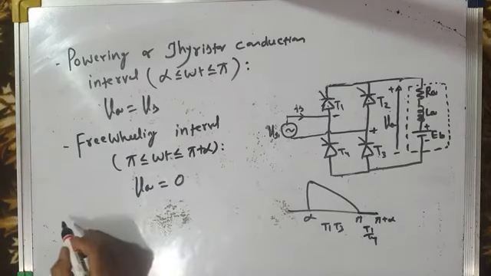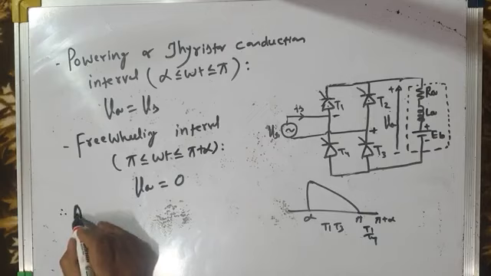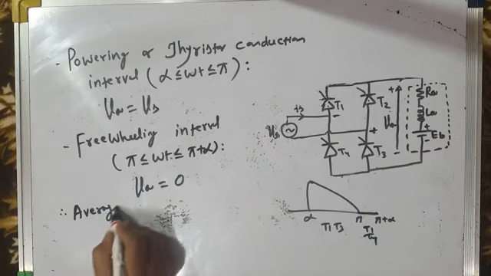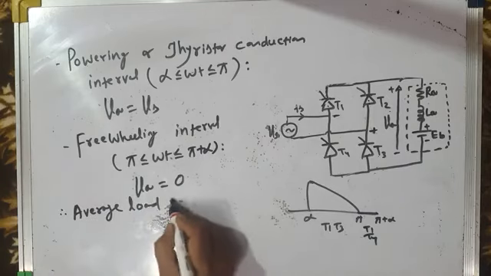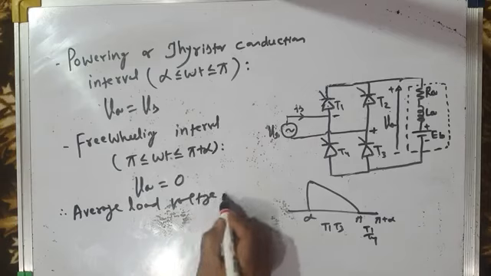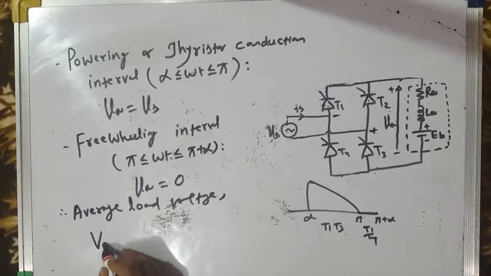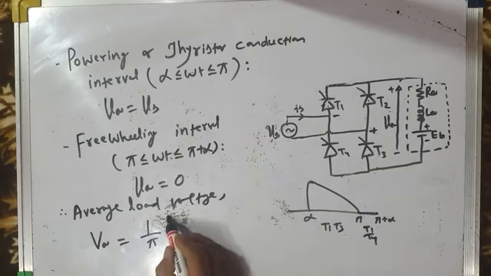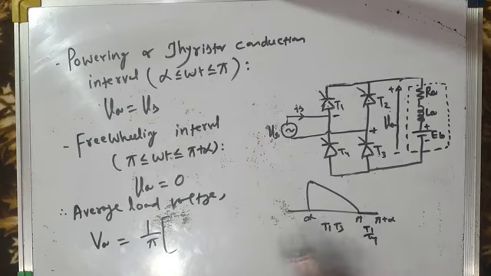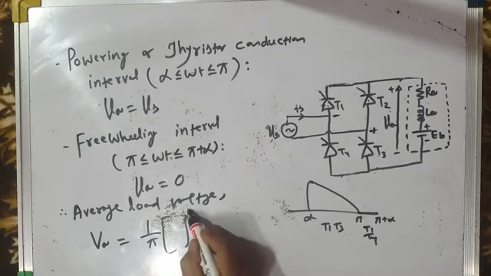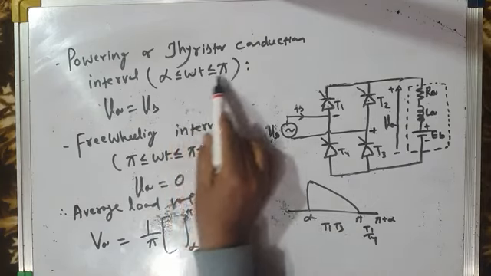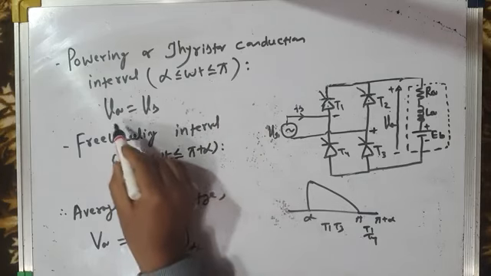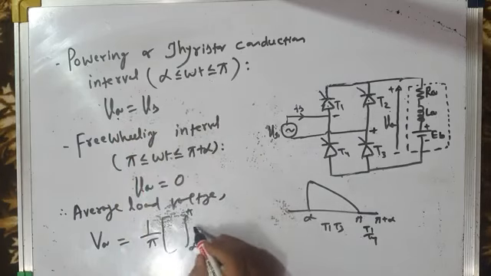So with this in mind, therefore average armature voltage or average load voltage, mathematical expression for average load voltage, we can find. Capital VA means average voltage. If you take 1/2 cycle and integrate it 1 by pi, then integration first from alpha to pi. From alpha to pi, we have powering interval, okay, and during this period, our load voltage VA is same as source voltage.